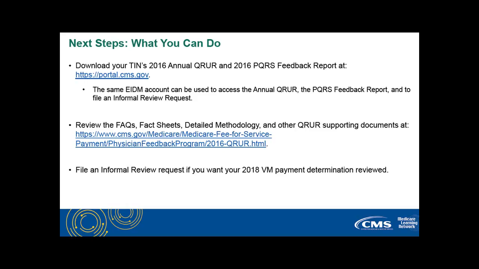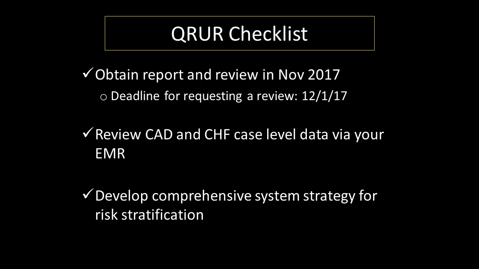Any reviews that organizations would want to have performed by CMS have to be requested before December 1st. So this is something that it's important at an organizational level to get to those reviews, particularly if you feel that the output of the QRUR report for your organization was incorrect.